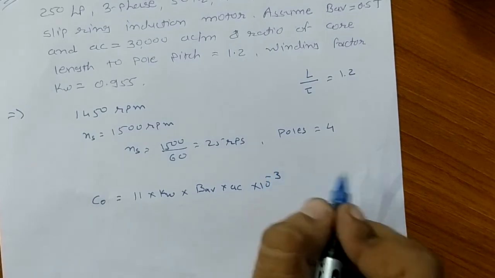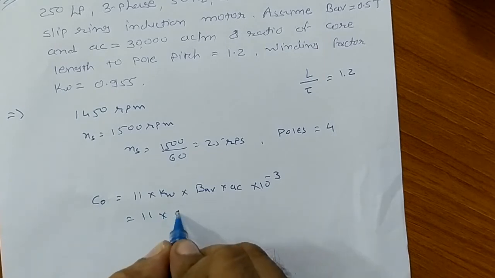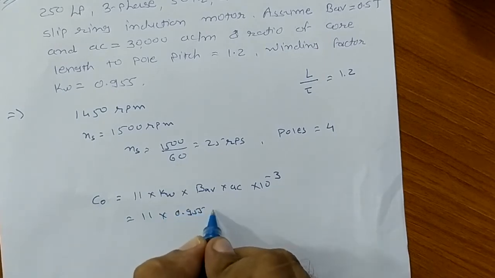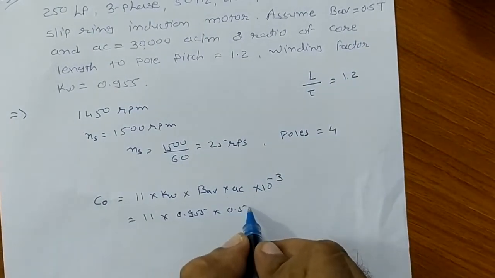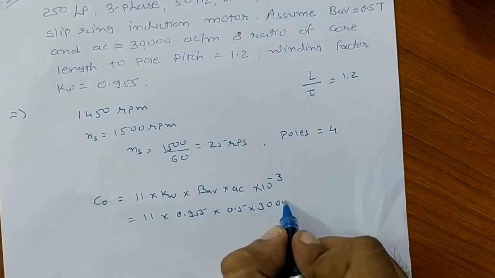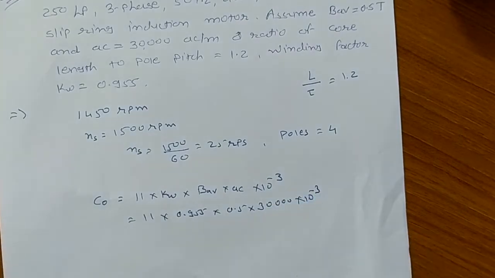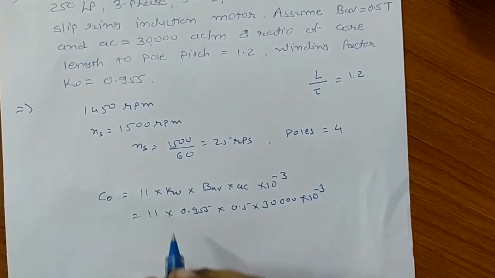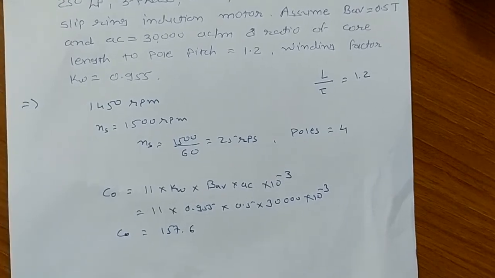All the values are given. It is 11 into winding factor 0.955 into B average 0.5 into AC 30,000 into 10 raised to minus 3. If you make the calculation, you will find the answer to be 157.6. That is going to be your output coefficient.